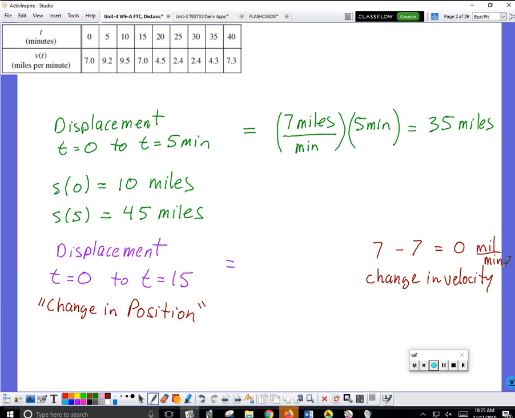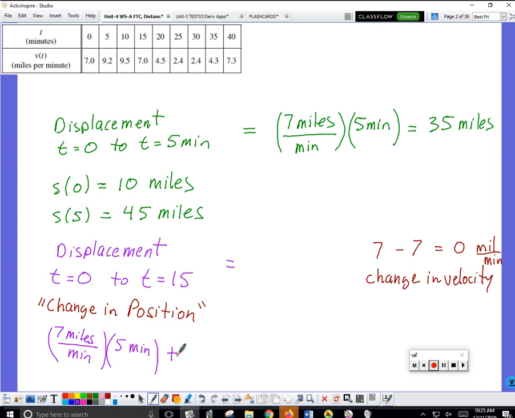Who has the answer to the purple? Hands, come on. Let's go, Tori. 128.5 miles. Tell me what you did to find this. I did from 0 to 5 minutes: 7 miles per minute times 5 minutes, and then 9.2 miles per minute times 5 minutes. And you're adding those two together.